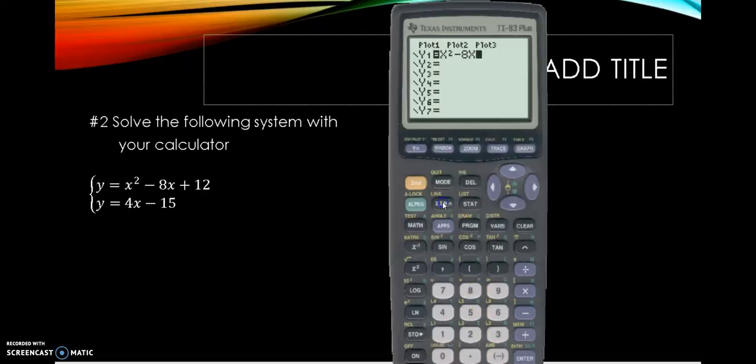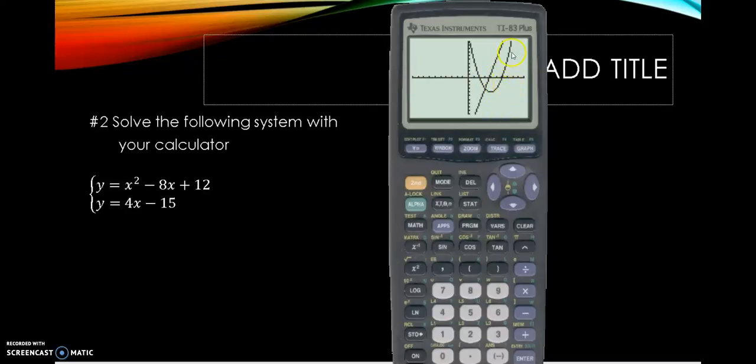So it's minus 8x and then plus 12. And my second equation is y equals 4x minus 15.